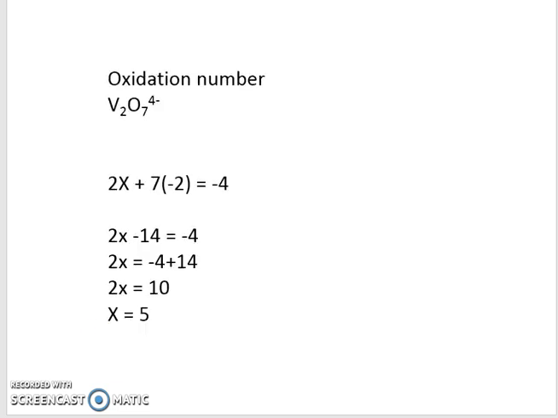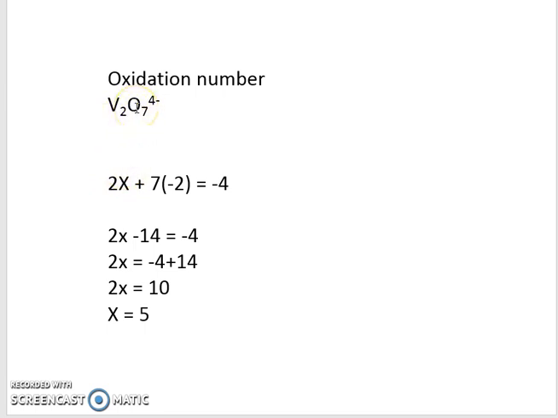In experiment 1, you will have to calculate the oxidation number. This is an example to calculate the oxidation number of V2O7 4-. Vanadium is a transition metal and it can have various oxidation states. You have 2 vanadiums in this species, so therefore you have 2x, and you have 7 oxygens.